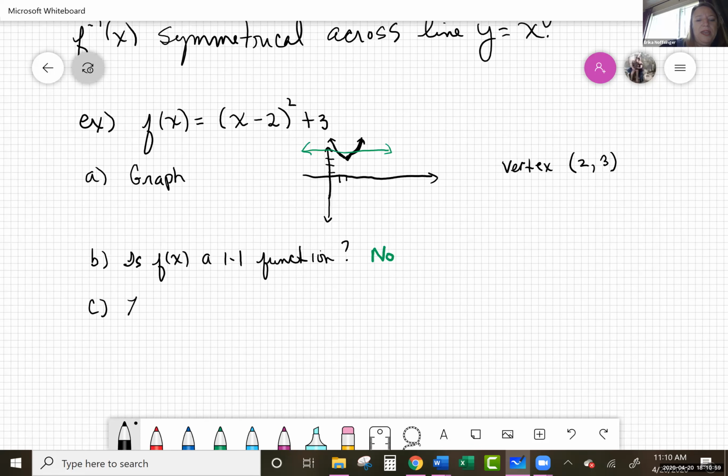So limit the domain of f of x to make this a one-to-one function.